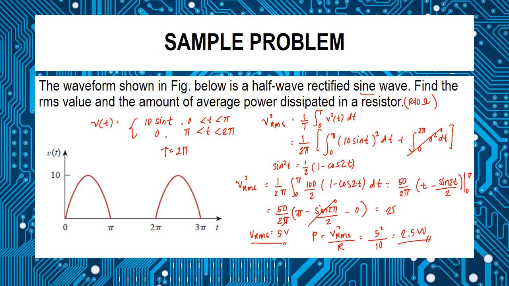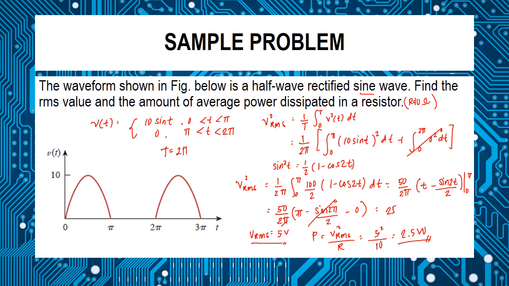T is equal to 2 pi, since our waveform repeats the pattern every 2 pi. This will be 1 over 2 pi, 0 to pi, we have here 10 sine t squared dt plus 0 to 2 pi 0 squared dt.